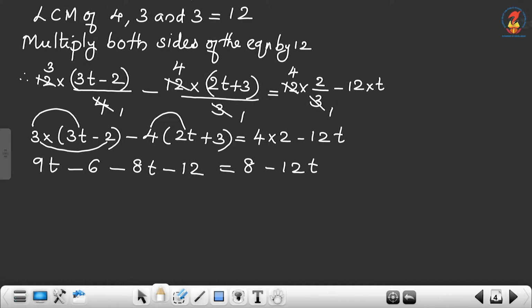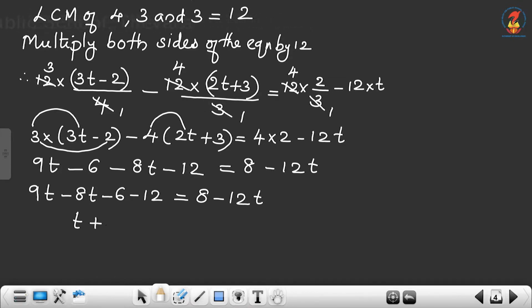Then 9t minus 8t minus 6 minus 12 equal to 8 minus 12t. So the like terms I wrote together. Then 9t minus 8t, 9 minus 8, 1. So 1t. 1t means it is t itself.